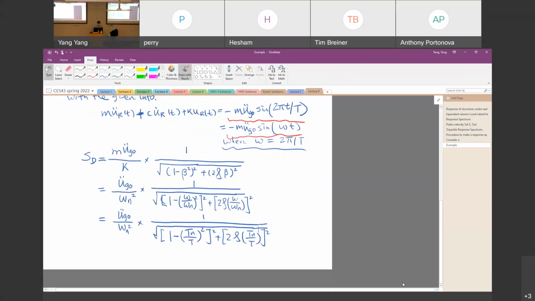Does this make sense? So this is the response value in terms of the ratios of the natural periods and the period of the excitation.